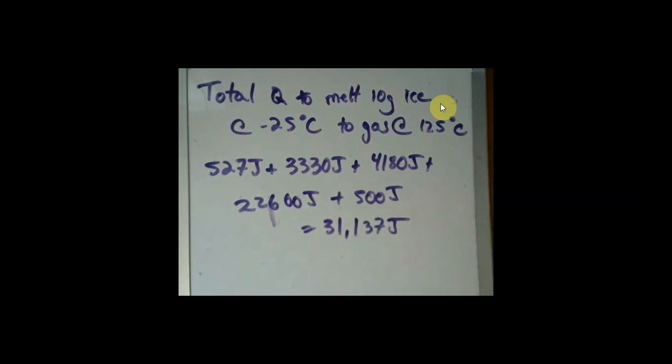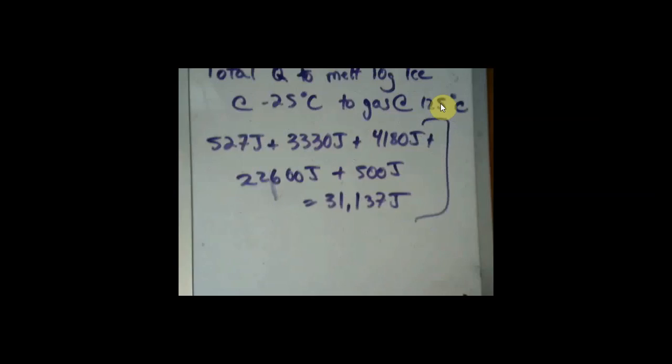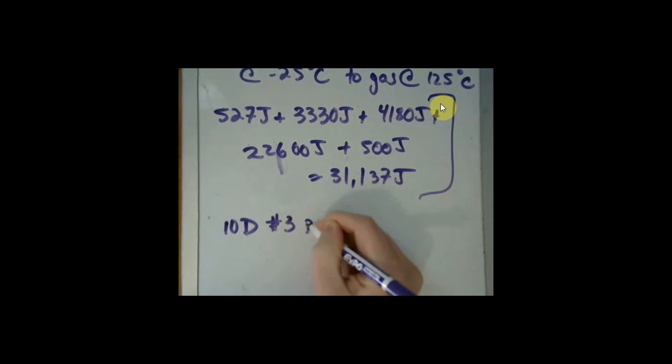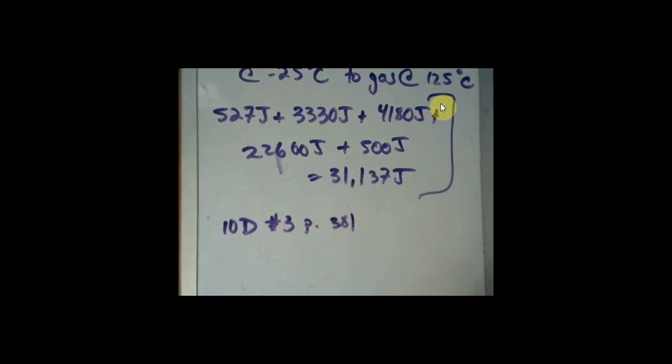Okay, so you may have to do this at the end of your problem, and that's what we're going to do next. We're going to go through an example problem. This is section 10D, number 3 on page 381.